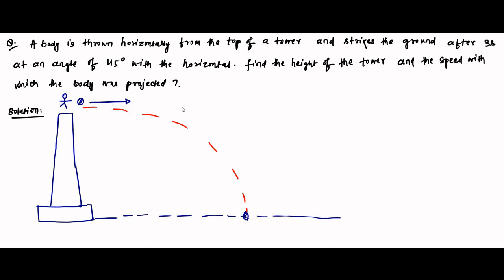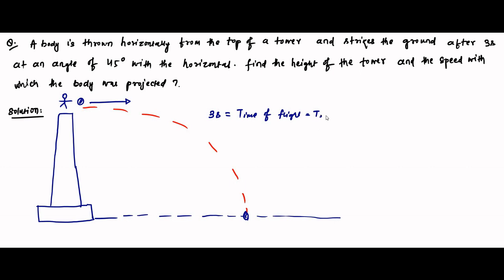Okay, so it is given that the total duration for which the body was in the air is equal to 3 seconds. So indirectly it has been given that the time of flight of the projectile is equal to 3 seconds.